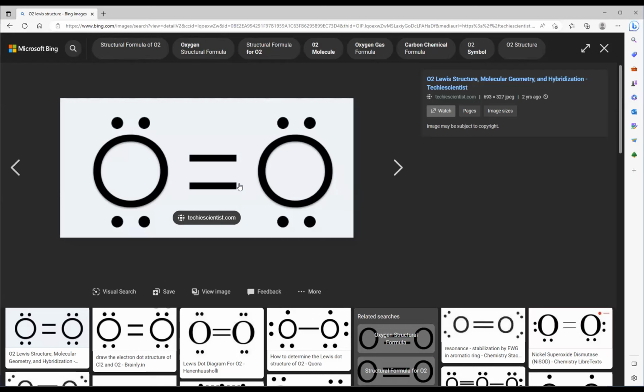So 12 total. The happiest way to do this is to make it a double bond in between. So that gets you your 2 bonds, that's 4 electrons. From the 12 that gives you 8, and then if you have 1, 2, 3, 4 sets of lone pairs, that's all your electrons. And so this is the happiest form of oxygen.